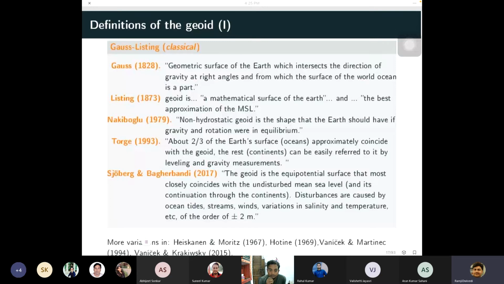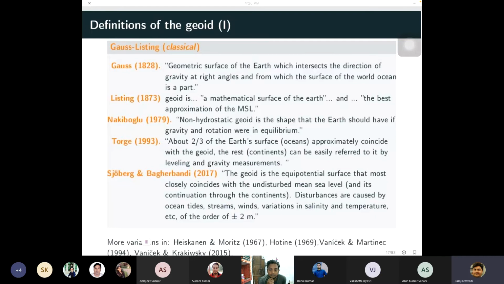It says that about 2/3 of the Earth's surface, which is ocean, approximately coincides with the geoid, and the rest, the continents, can be easily referred to it by leveling and gravity. It's the best definition. Comparing it with the literature, we generally follow this type of definition for defining the geoid.